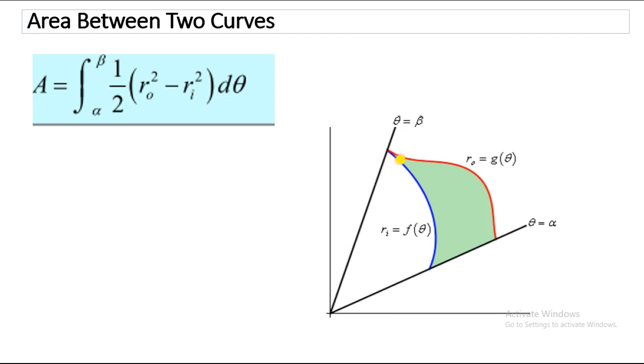So the area is half integration from alpha to beta of r square o minus r square i. Always the greater minus the smaller. Always.